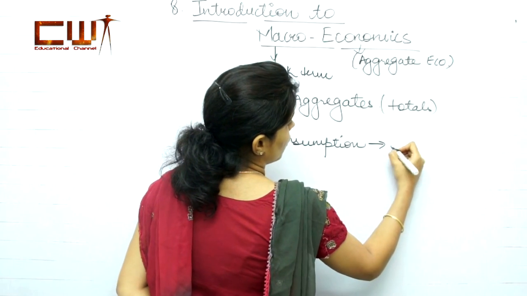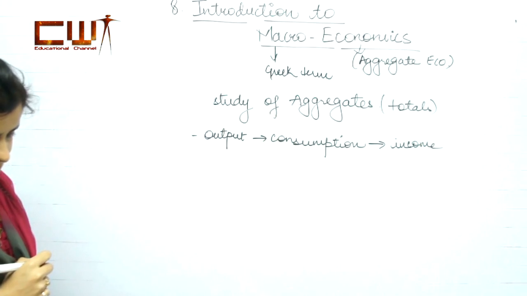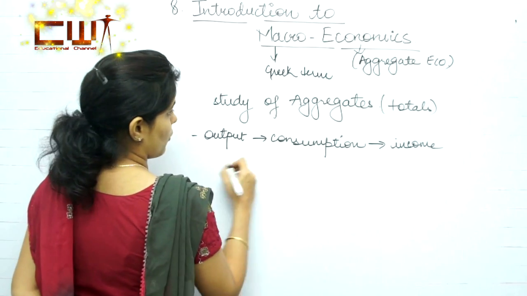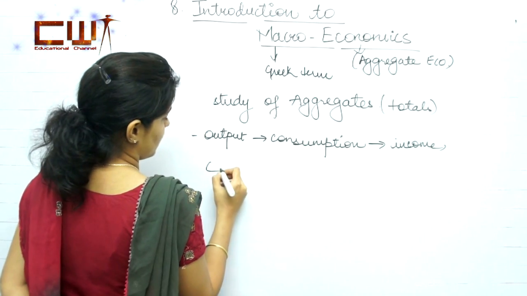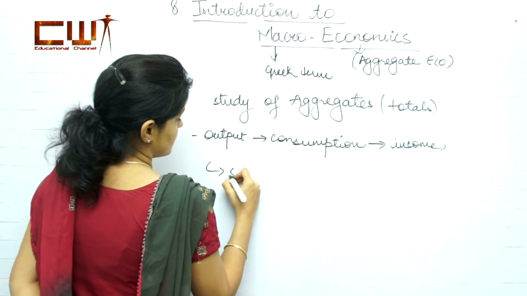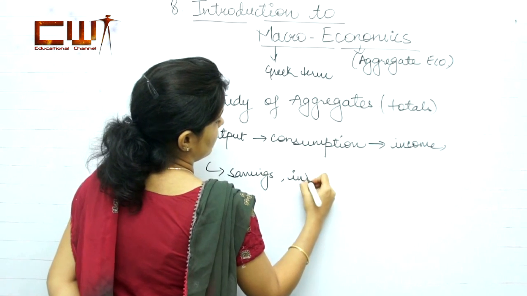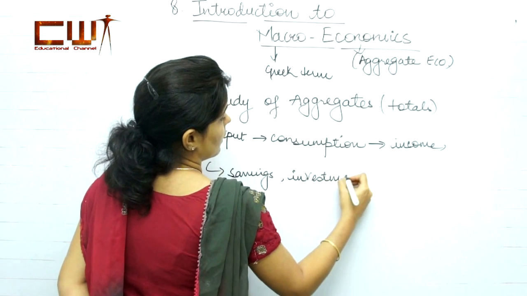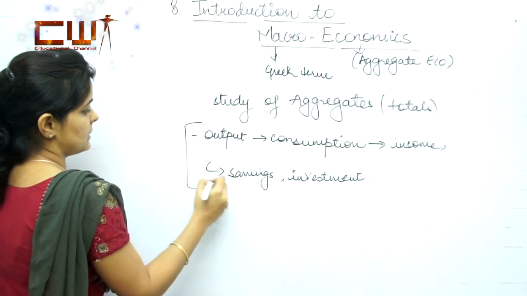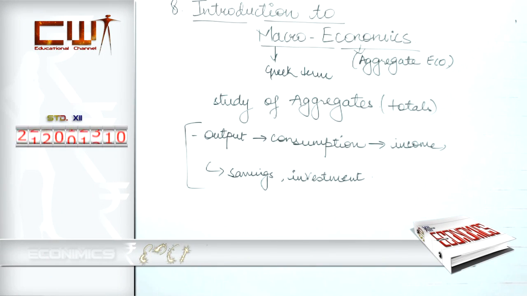Because there is more income. Why is there more income? Because you have more employment. Then you have savings, you have investment. So this is how it goes, and this comes under the study of macroeconomics.